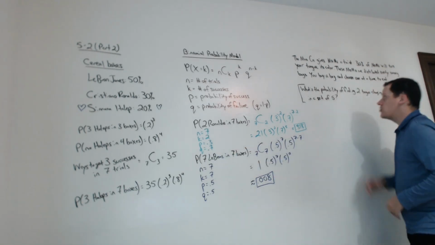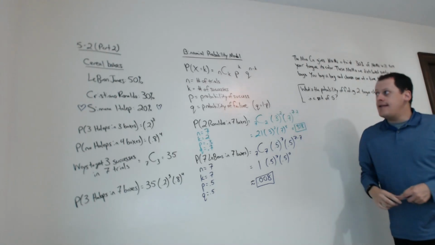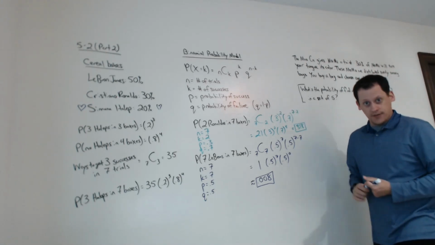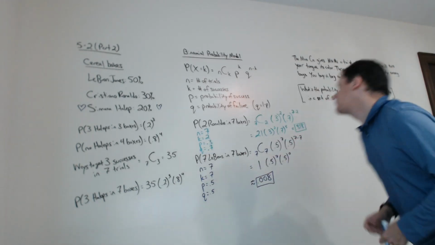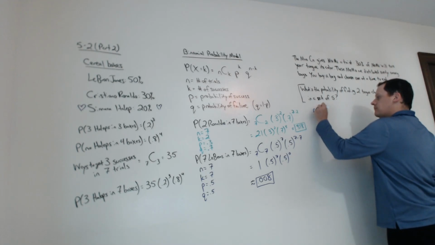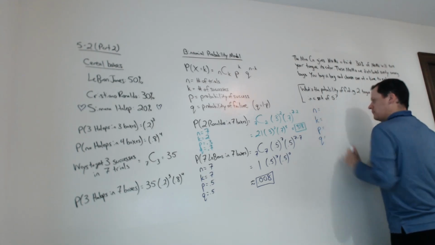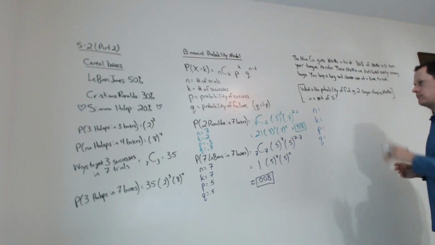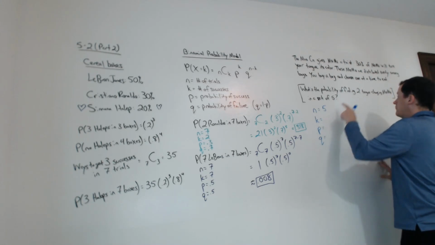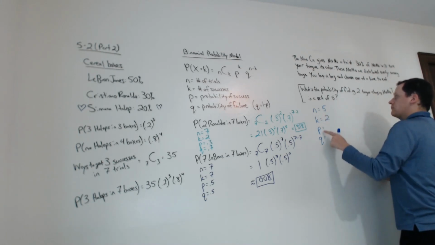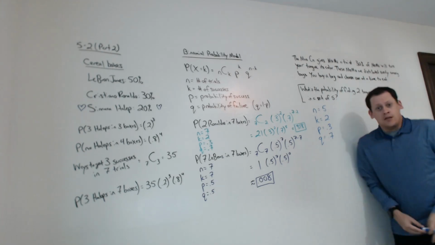So, I encourage you, take a look at this and see if you can come up with what N, K, P, and Q are equal to. This is what I have.